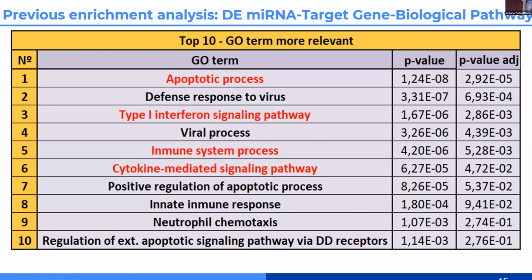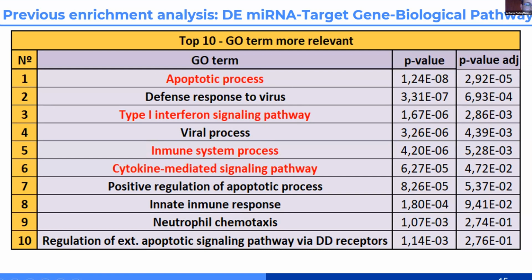So here we have the final table with the top 10 GO terms that are the most relevant. And here we can see the apoptotic process, the same that we found in the lipidomics analysis.